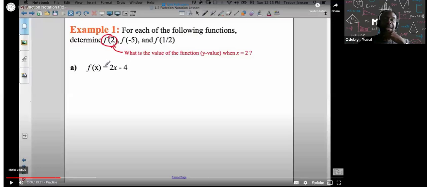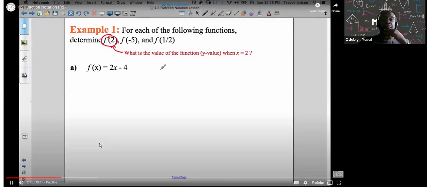When it's written like this, f of 2, f of -5, f at a half, it's saying that my x is the value of 2. What is my value of y? If I plug in the value of 2 for x, then I would get a value for y. Okay, so let's go through the first example. What does that mean, f at 2?